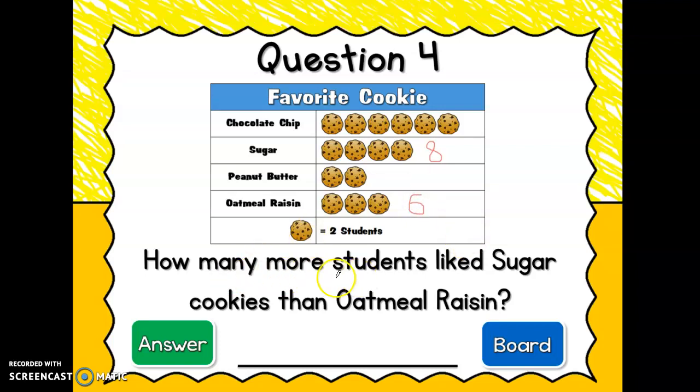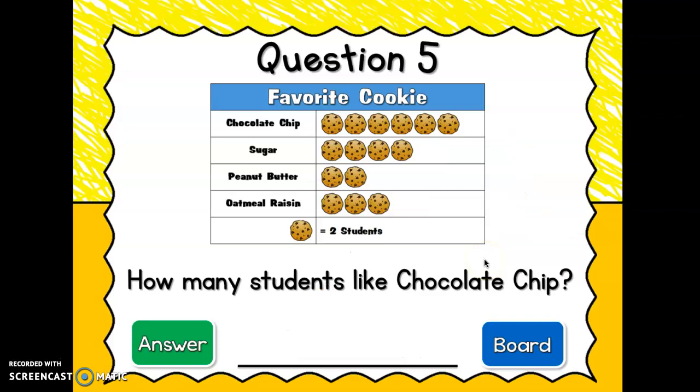So to find how many more, I need to subtract. So subtract 8 minus 6. Pause the video to solve. Ready for the answer? The answer is 2. 8 minus 6 equals 2.